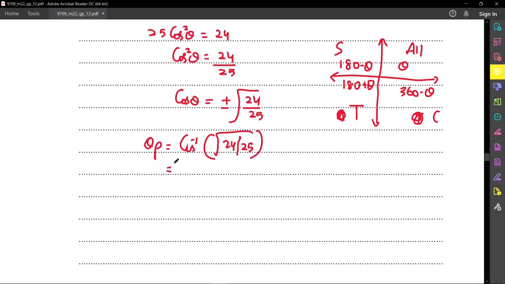Let's use a calculator. Please do not forget to check whether your calculator is in the degree mode. So cos inverse of root of 24 by 25.